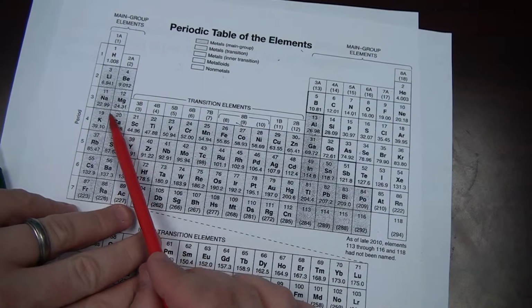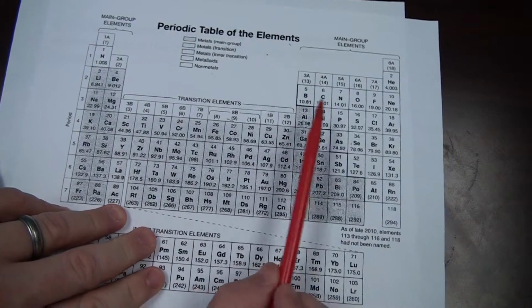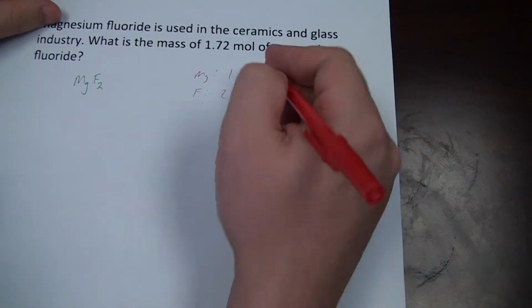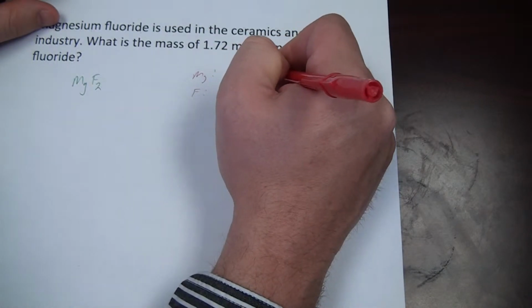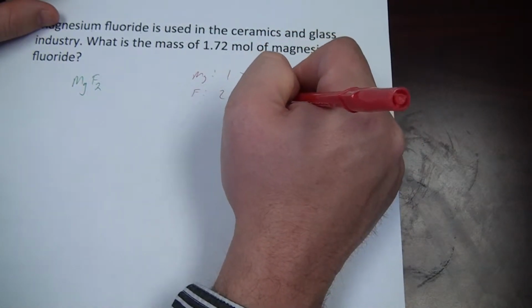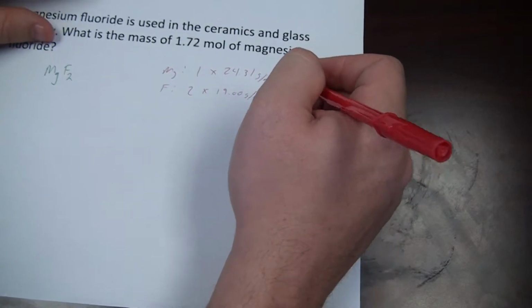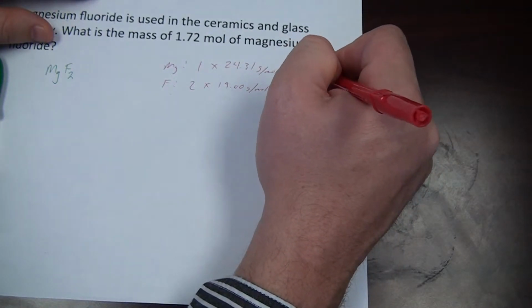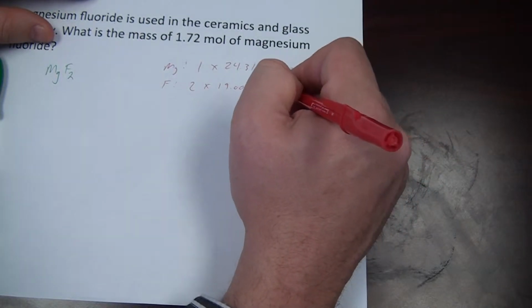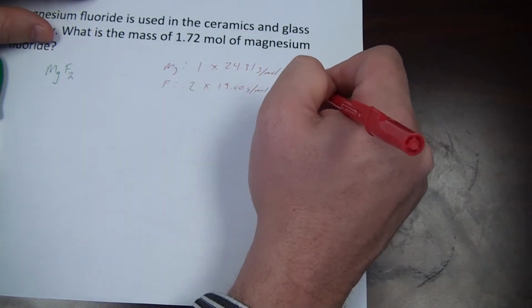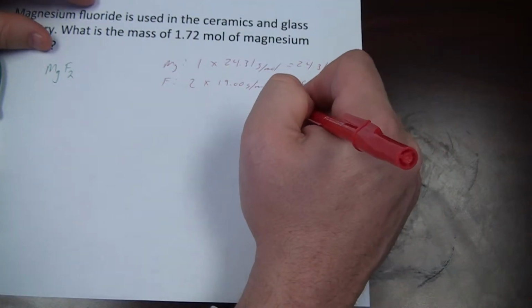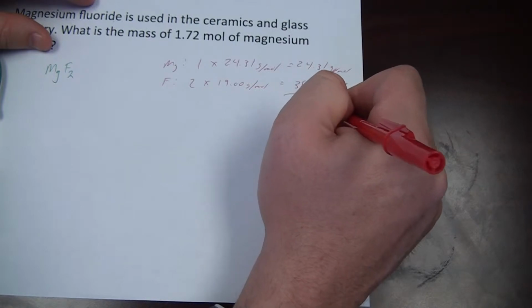Magnesium has a mass of 24.31. Fluorine has a mass of 19.00. Multiply that out, and then the molar mass is the sum of those two, or 62.31 grams per mole.